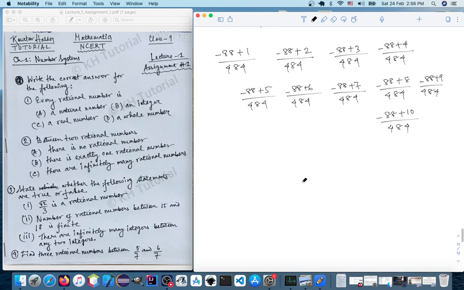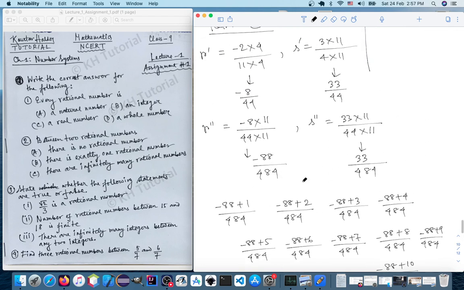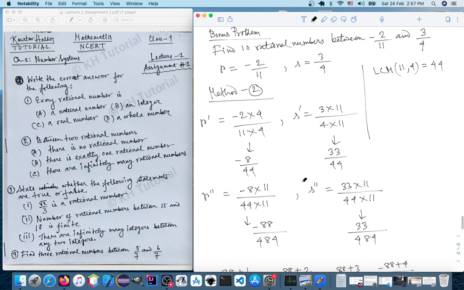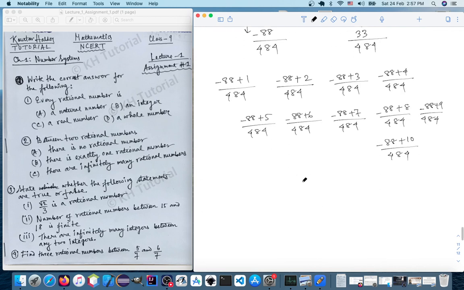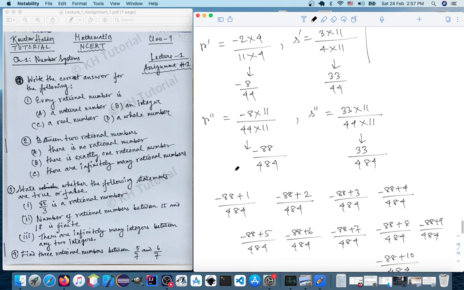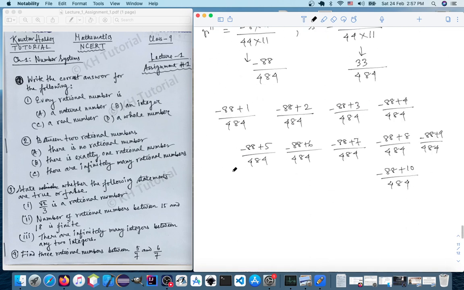Okay, so these are the 10 rational numbers that will lie between the given R and S, that is minus 2 by 11 and 3 by 4. If you calculate all these numbers, we will have minus 2 by 11.